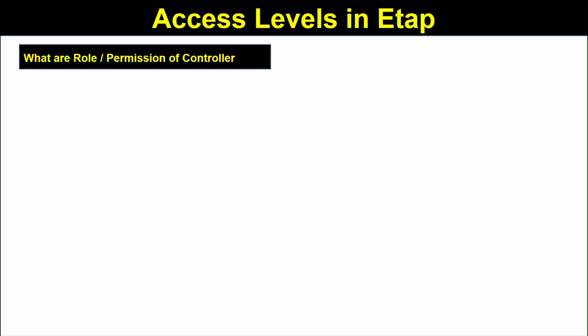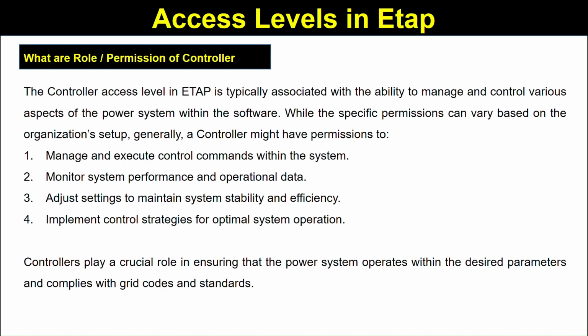What are the roles and permissions of the controller? The controller access level in ETAP is typically associated with the ability to manage and control various aspects of the power system within the software, while the specific permissions can vary based on their organizational setup.